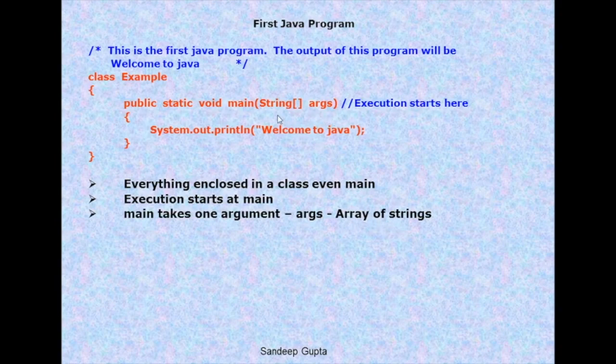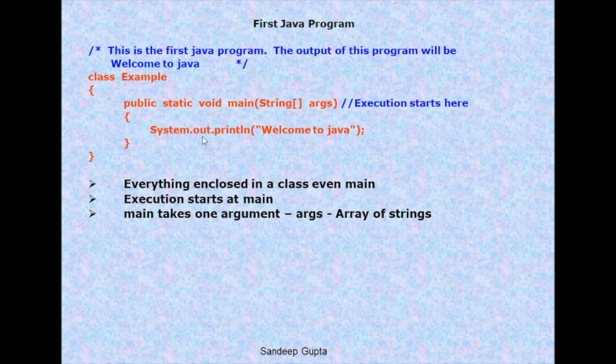Have a look at this mouse pointer properly. I repeat, the main of Java takes one argument called args, and this args is an array of strings. The square bracket means array. After some time, I'll teach you in great detail what is the meaning of array of strings. For time being, you need to remember this thing.